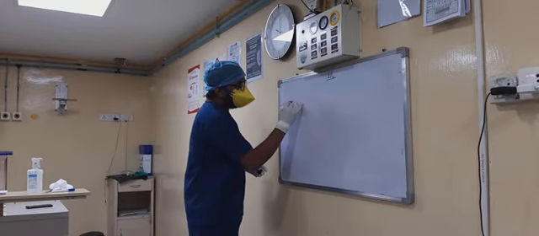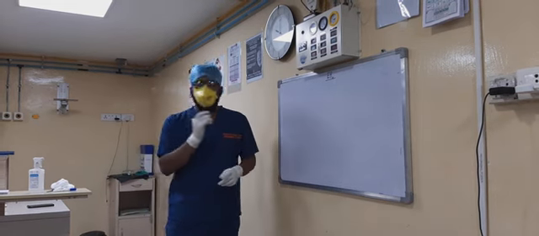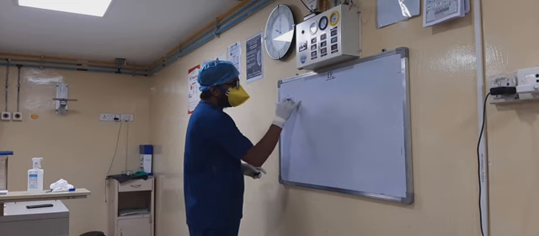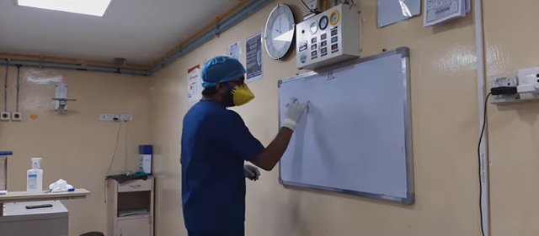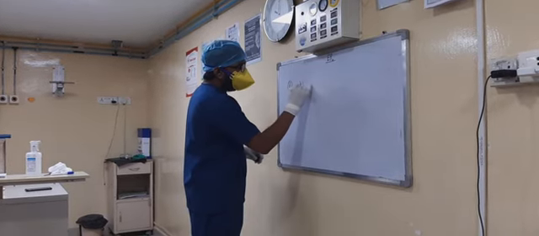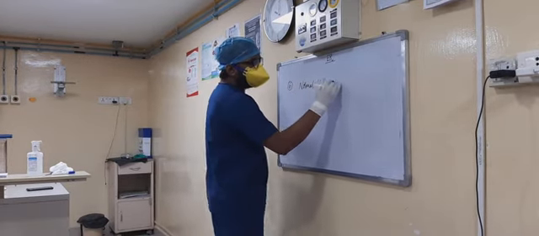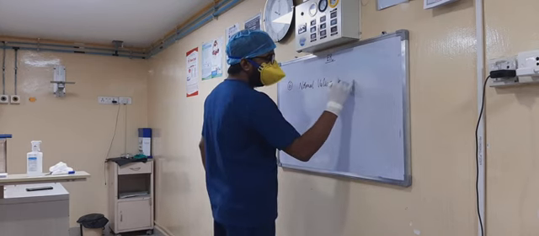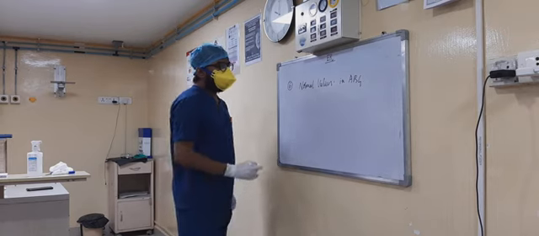Okay? So this point is very, very, very important. This is the 6th point. Normal values in ABG. Okay? So what does ABG contain?